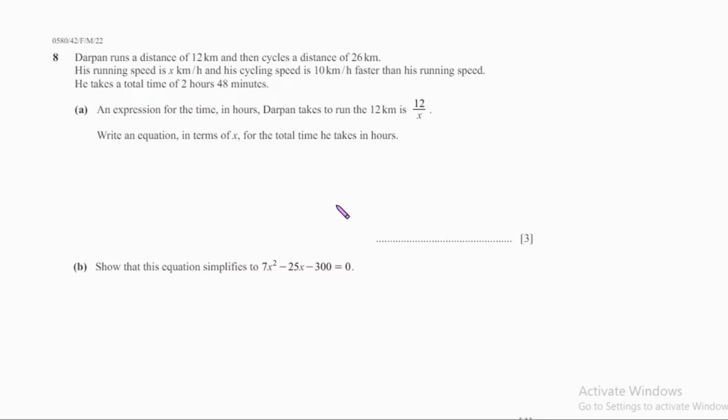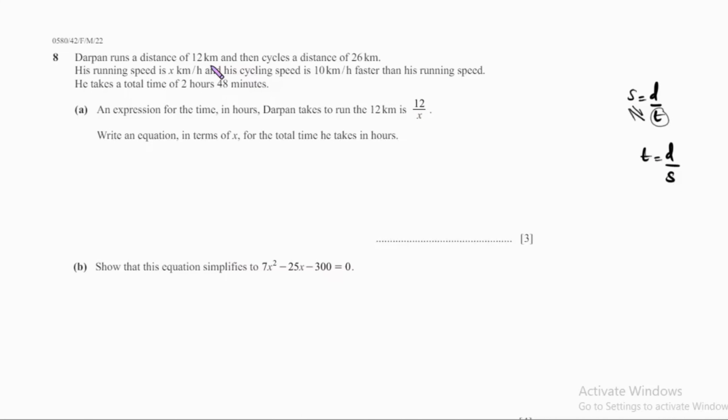Here this is something to do with speed. When it comes to speed, speed is equal to distance over time. So if I need to find time, I need to switch the speed and time together. When I switch them, I get time is equal to distance over speed, which means the distance has to be divided by the speed.